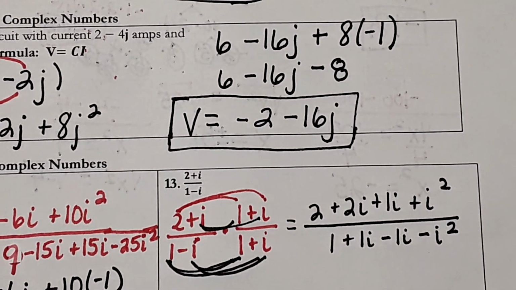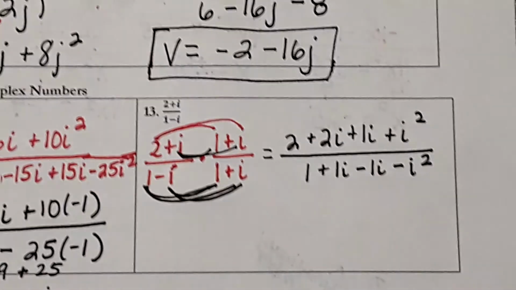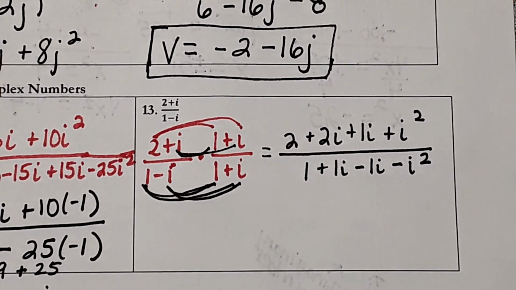And remember, the reason we're doing this is because you can't have a complex number in the denominator. Right now it looks like all these i's, and just think of an i as a variable. It's not really a variable, it's an imaginary number, but if it helps you, think about it as a variable.